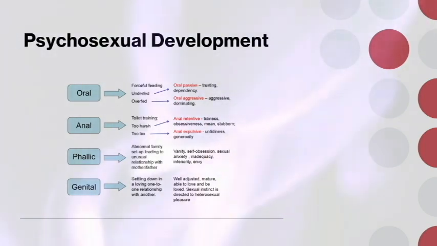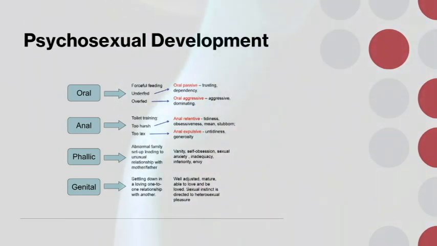For example, children may immerse themselves in school activities or hobbies or friendships. And so they redirect their energy away from their sexual impulses to other things. So it's kind of that non-sexual stage, and that's why it's called the latency stage.